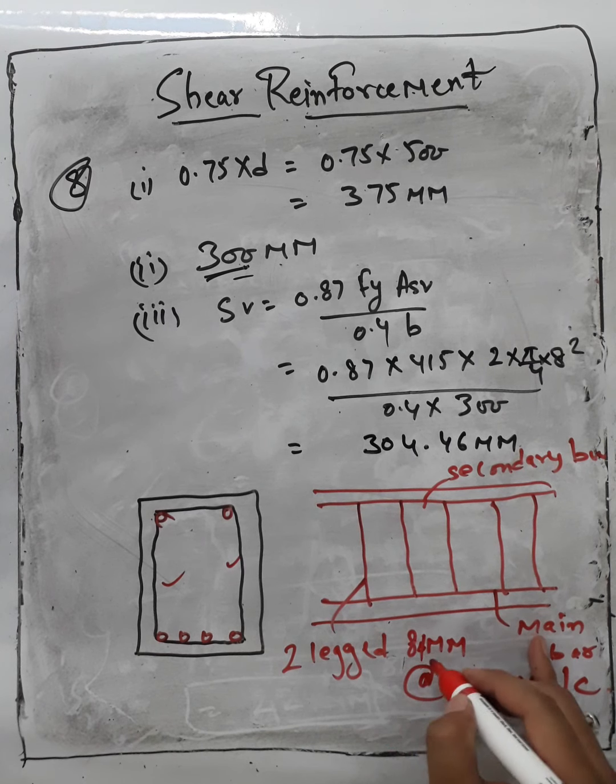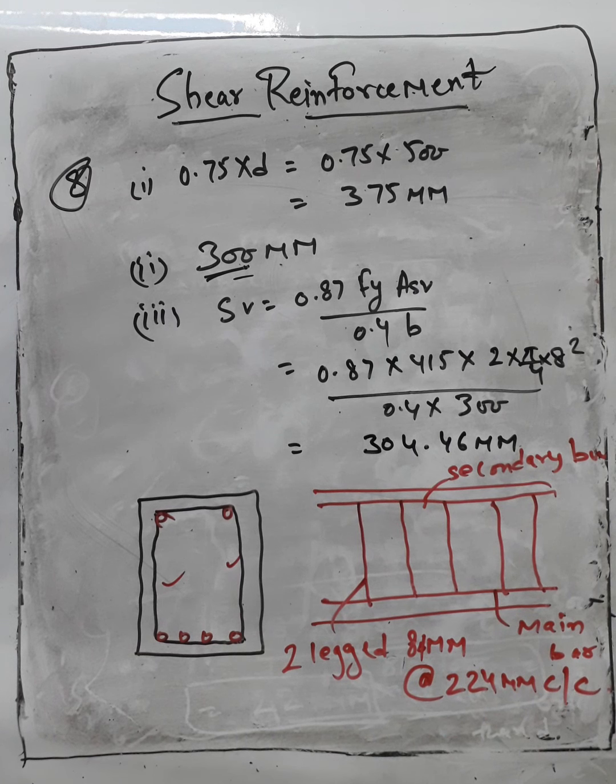Here you also write the dia. So this is the bar we have to provide at the spacing of 224 mm. This is the proper method for finding the spacing of shear reinforcement.